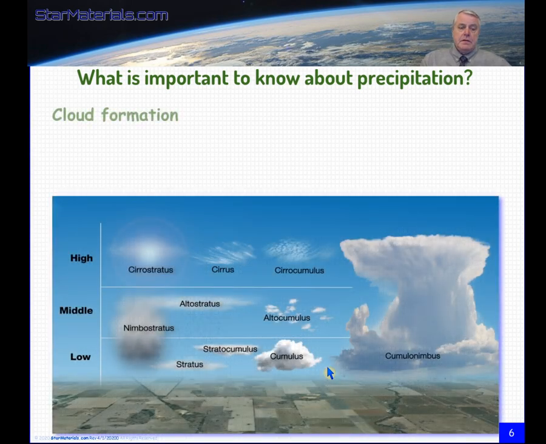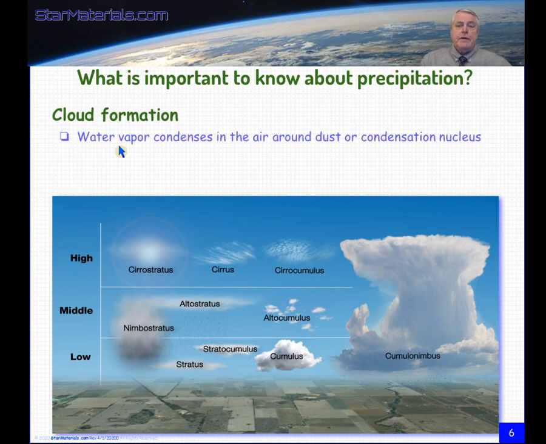Now, cloud formation. Water vapor condenses in the air around dust or a condensation nucleus. When water vapor is in the air, it has a certain amount of heat. In order to change states to go from a gas to a liquid, it has to give that heat somewhere. So water vapor, the gas, gives the heat to a small piece of dust.